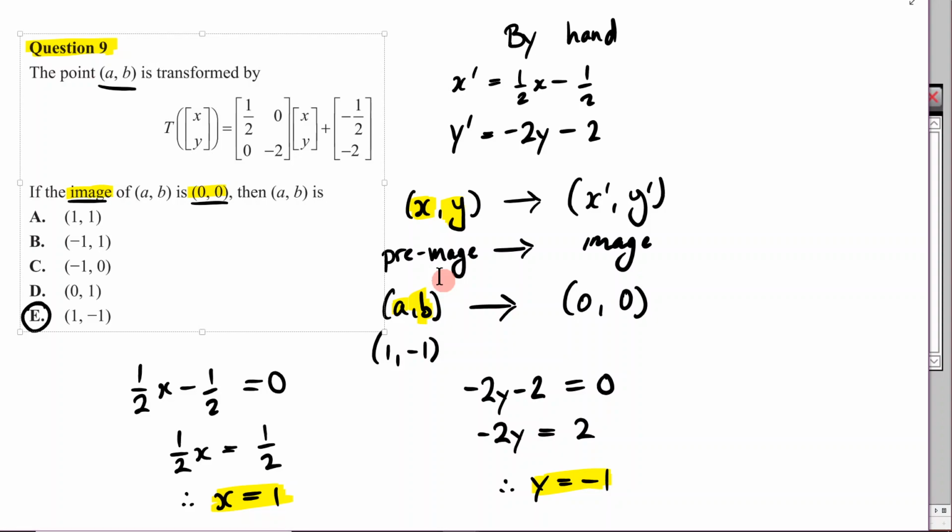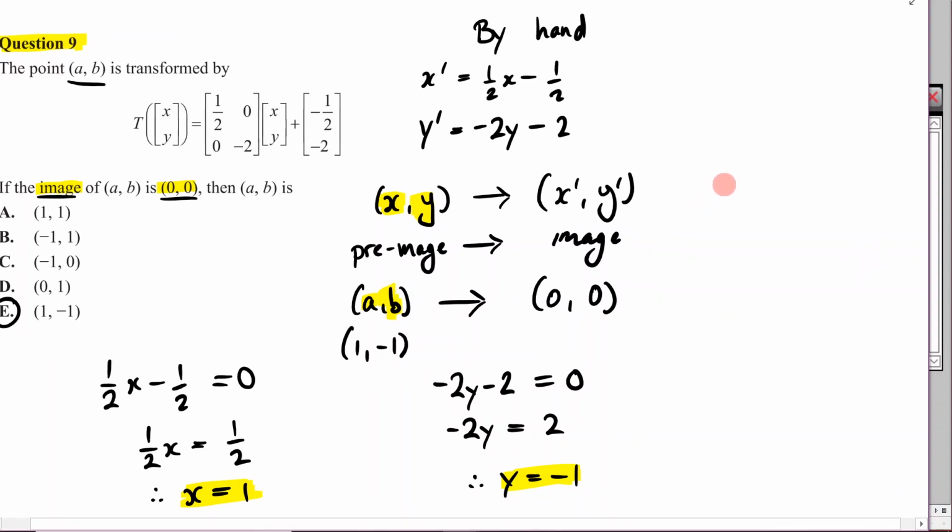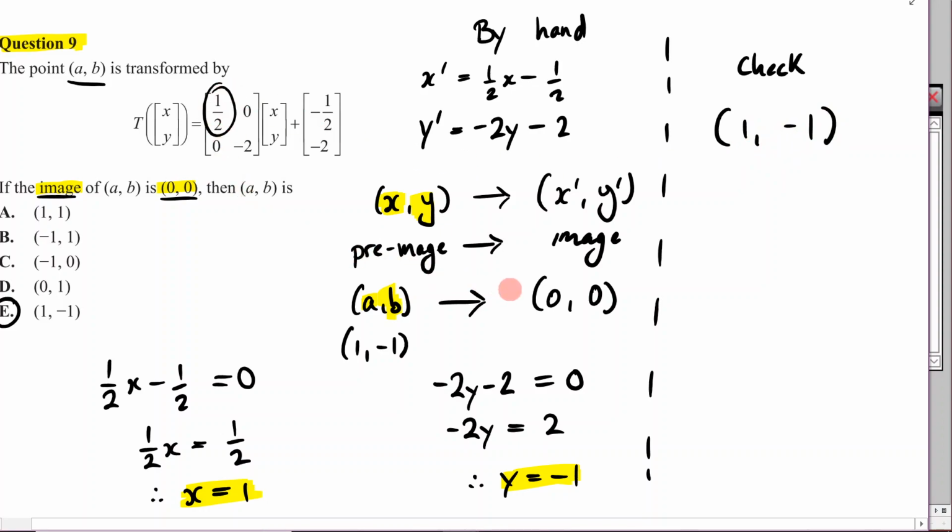We might just go now into a little bit more detail of how we could double check what we have done is correct. If we know that we're starting with 1, negative 1, and I might do this vertically down the page, if you did this by hand, you could check your answer. If we're starting with 1 and negative 1, then this is telling us that we're going to multiply my x by a half.